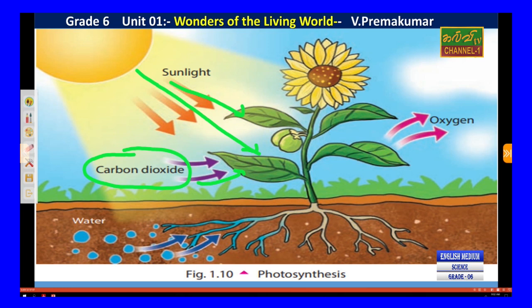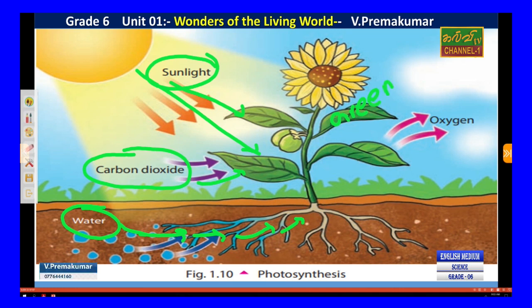Not only carbon dioxide, water is also absorbed by the roots. Therefore carbon dioxide, water, sunlight and green plant are all important. Green substance is important. We will study it in upper grades. So the green plant is important.